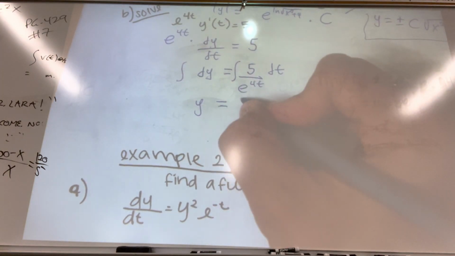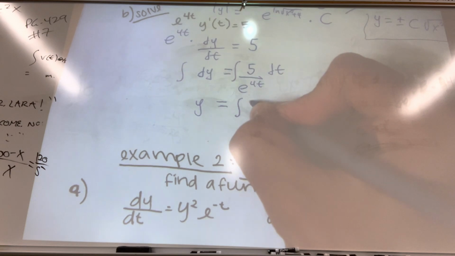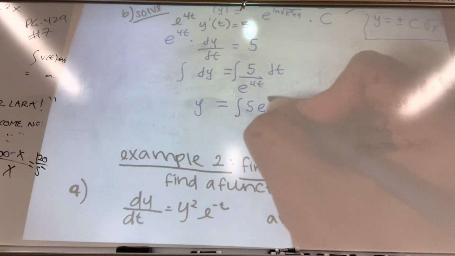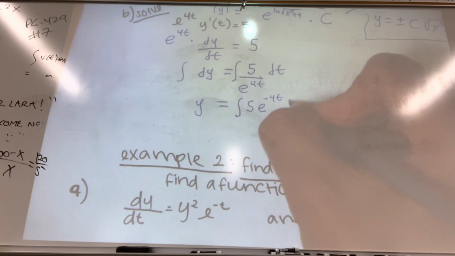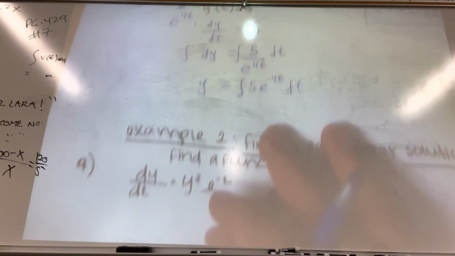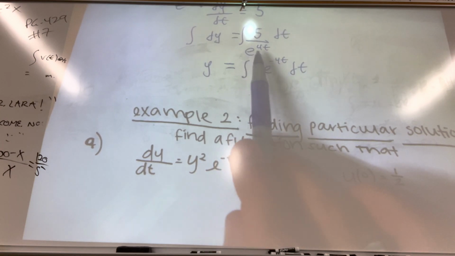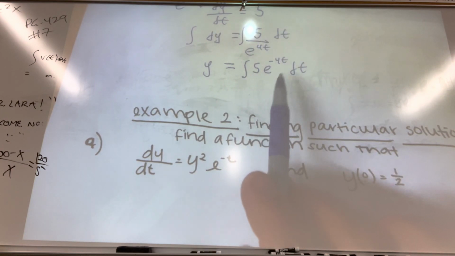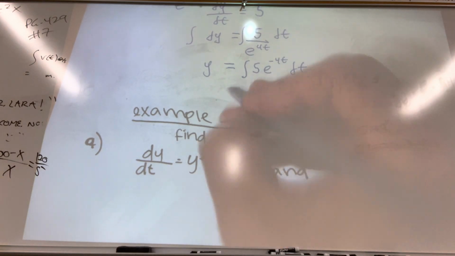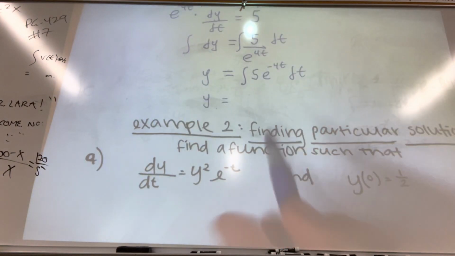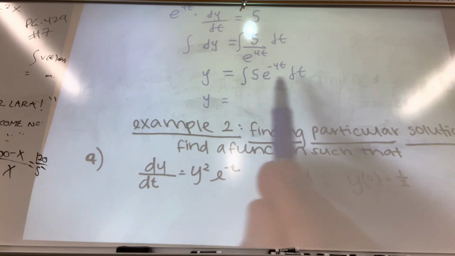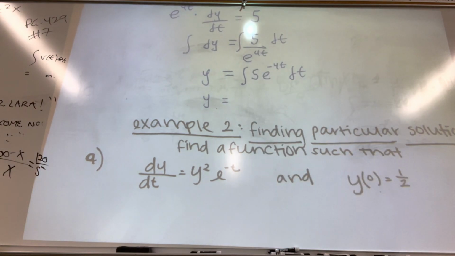Now this one, before I do calculus, I need to set it up. This is the same as 5 e to the negative 4t dt. No calculus, I just rewrote it. Now I want to take the antiderivative, and I claim we can do it by doing the opposite of the chain rule.